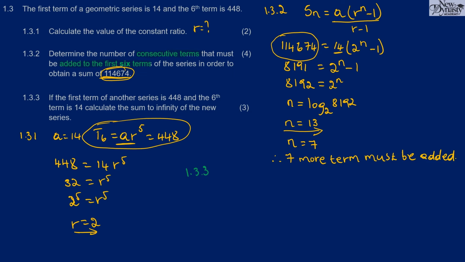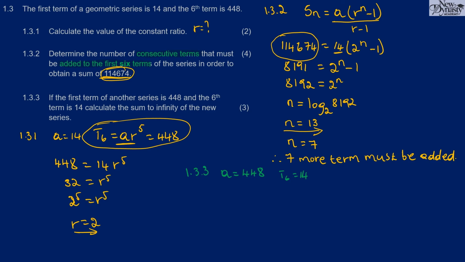The first term of this series is, let's write down, make it a habit that you always write the data that is given to you, so that you'll be knowing what you're working with on different stages of answering questions. Now our a in this case is 448, but our sixth term is 14. So T6 is 14 in this case.